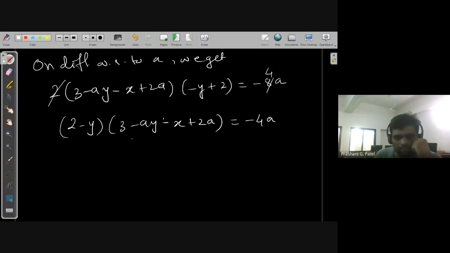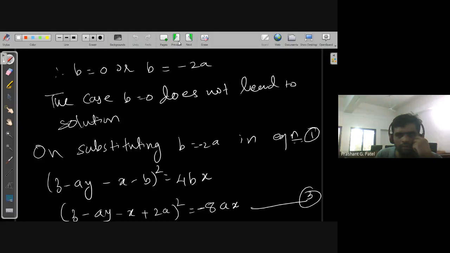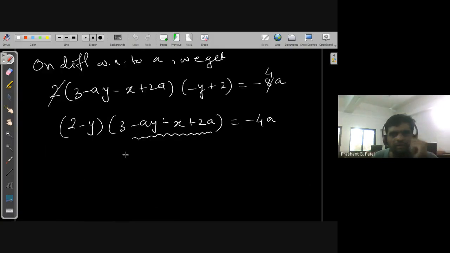And this value we have here in this equation, so that value we can use.